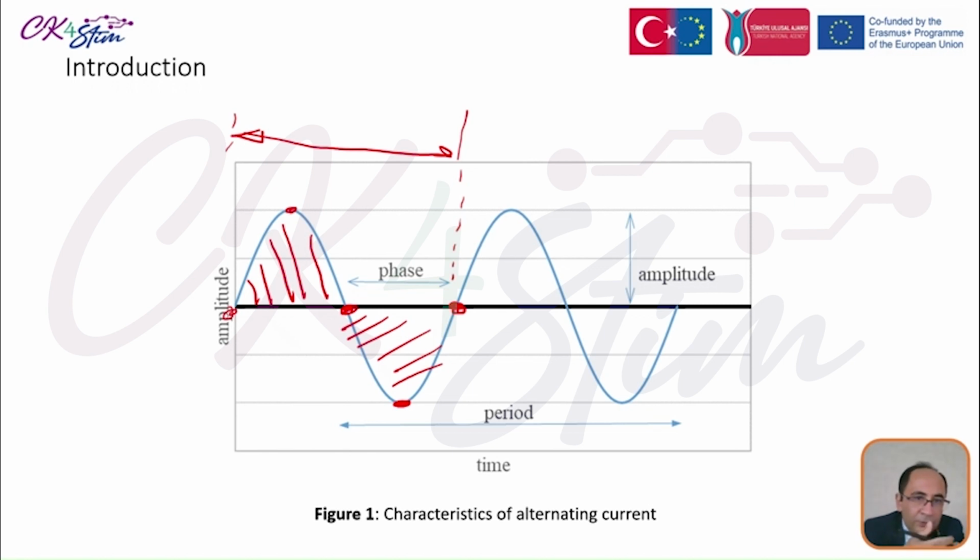It's also named biphasic. Here, the amplitude is the maximum value. It can be positive or negative. And the frequency is the number of repetitions in 1 second.